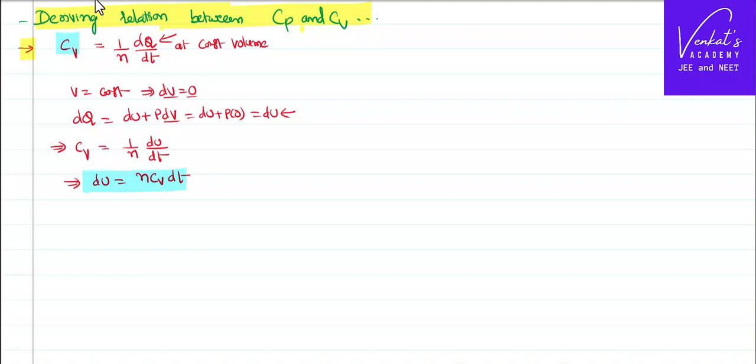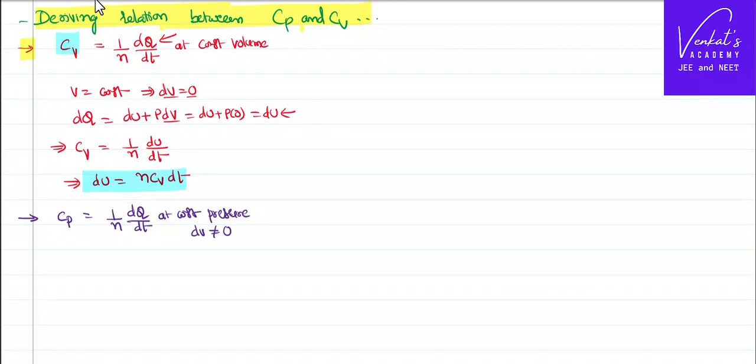Now I can go ahead and talk about the definition of Cp. Molar specific heat of a gas at constant pressure is defined as the amount of heat required to raise unit mole of the gas by 1 degree centigrade at constant pressure. As pressure is kept constant, change in the volume is not equal to 0.